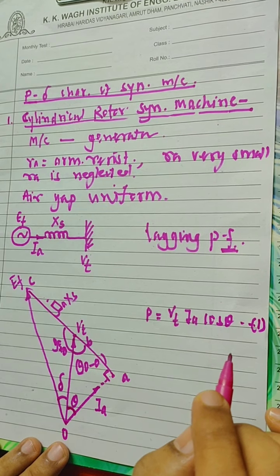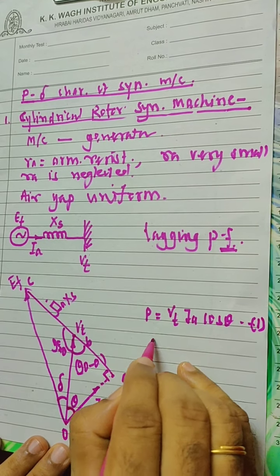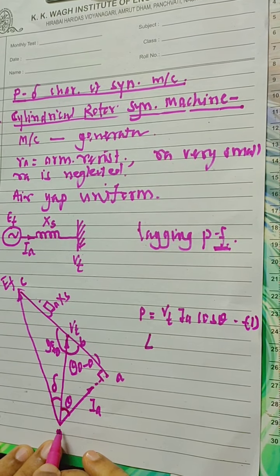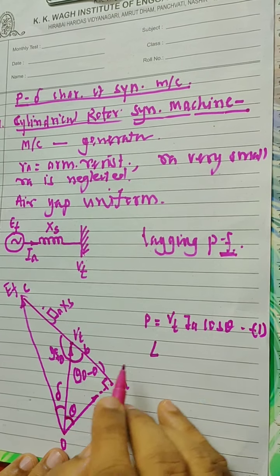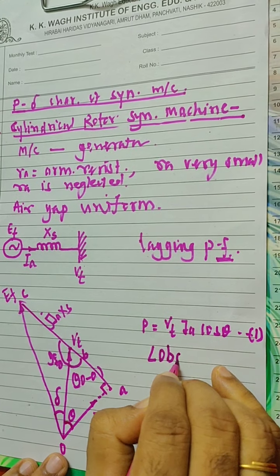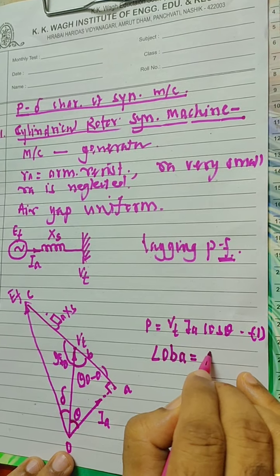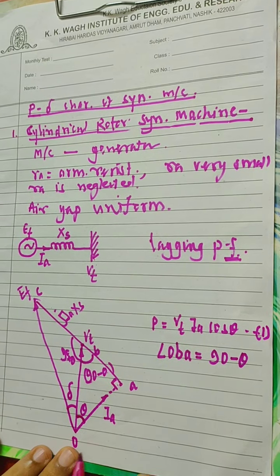Now from the phasor diagram, angle OBA is 90 minus theta.